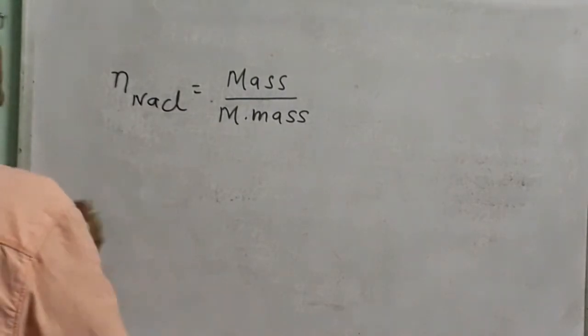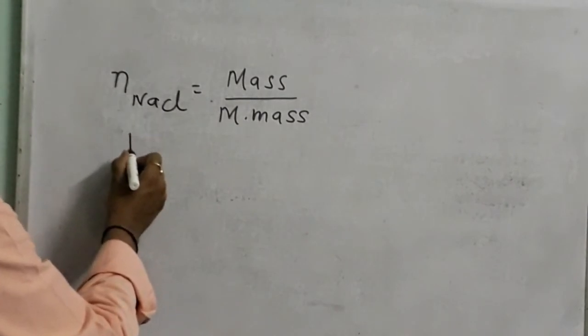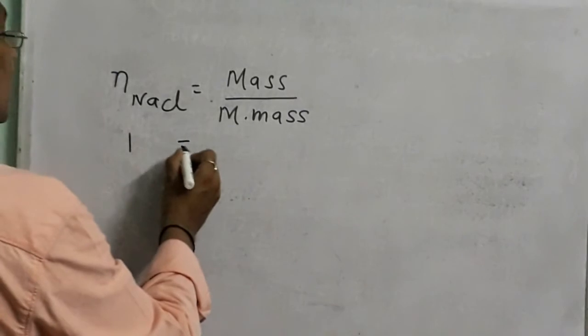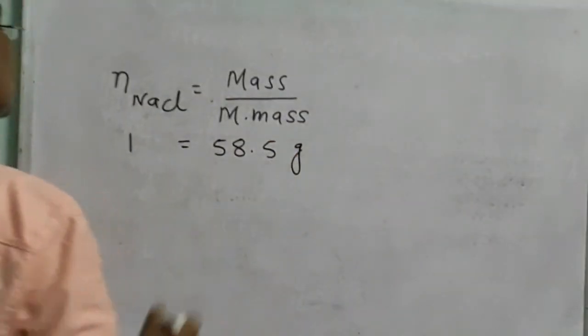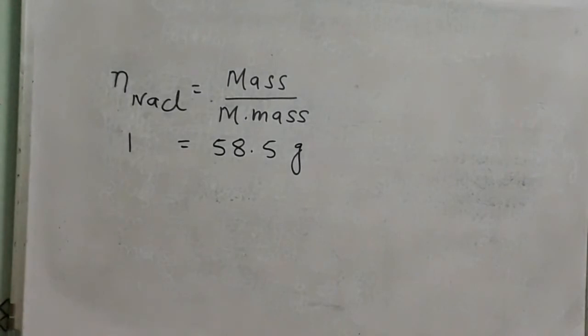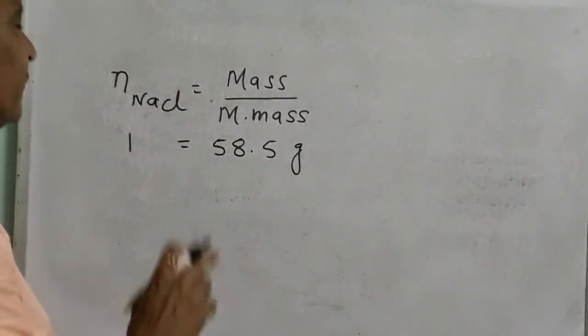Here, if the number of moles is 1, then the mass is 58.5 gram, according to our concept of molar mass. If you take 1 mole of sodium chloride, then the mass of that Avogadro's number of sodium chloride molecules is 58.5.